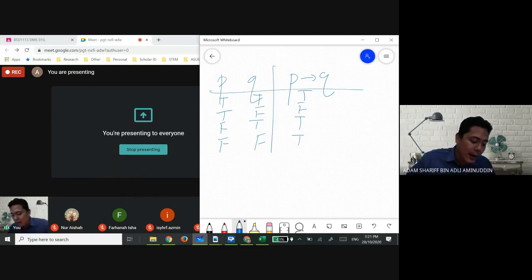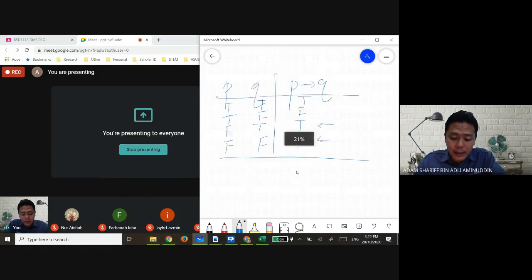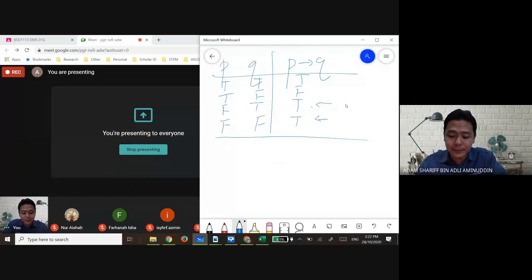Okay, right now I try to explain soalan yang saya sendiri argue dulu, kenapa bila F kat depan, apa yang berlaku di T dengan F kat belakang jadi T. Specifically this row. Okay, in many of the discrete mathematics textbooks, dia selalu bagi contoh ni nak menjelaskan perkara ni.